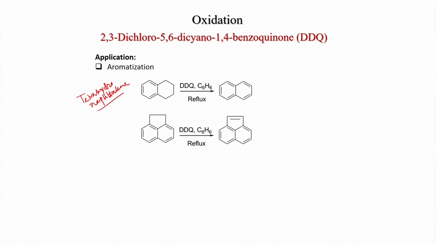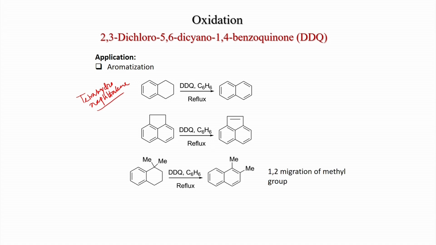Also, if you have this system, this will also aromatize, a double bond will be generated, and this compound you can generate under similar condition, benzene reflux. Here, if you put a dimethylated tetrahydronaphthalene under DDQ benzene reflux condition, you get this 1,2-dimethyl. So, 1,2 migration of methyl group is observed along with the aromatization. The mechanism we will discuss.